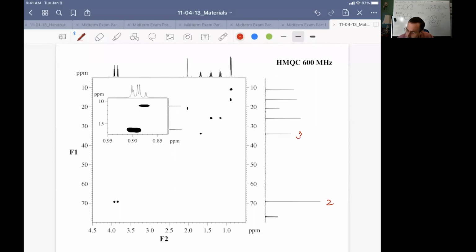So we start at 2, 3, 4, 5, 6, 7 on our F1 dimension, on our carbon dimension. And again, I will slavishly label my peaks A, B, C, D, E, F, G, and H. And then I'll look at my cross peaks.